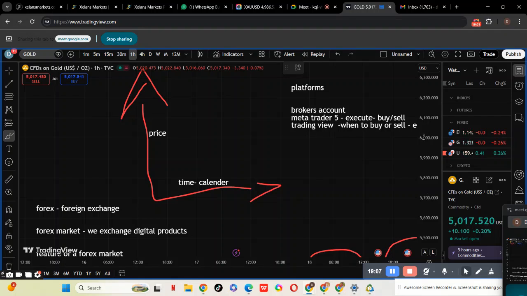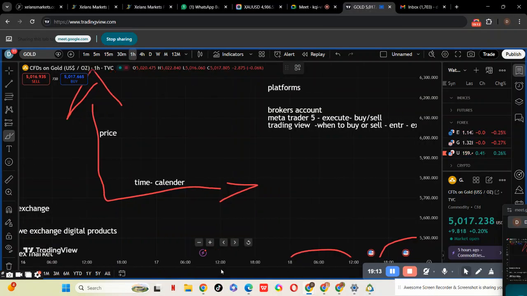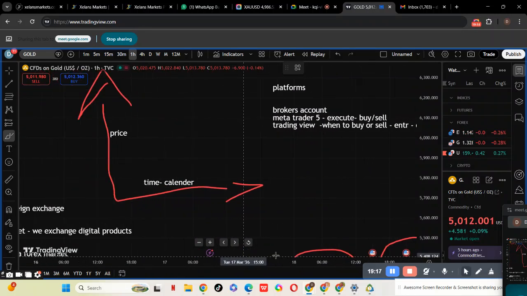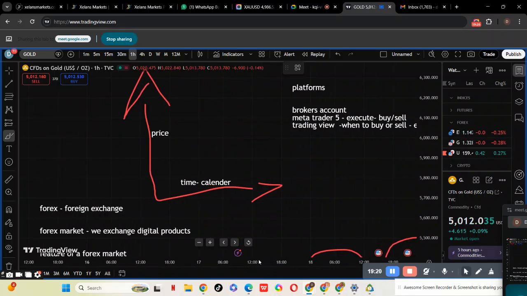These are now the prices of gold. Then when you look at this lower side here, this is the time and duration. You can see this is the time against prices. So these are the prices.